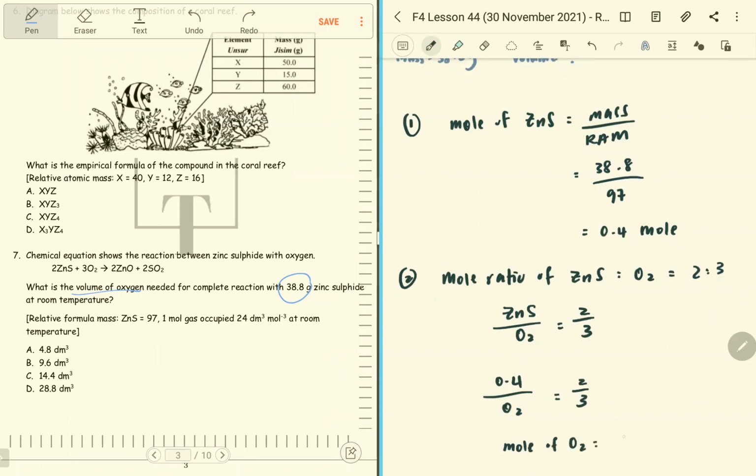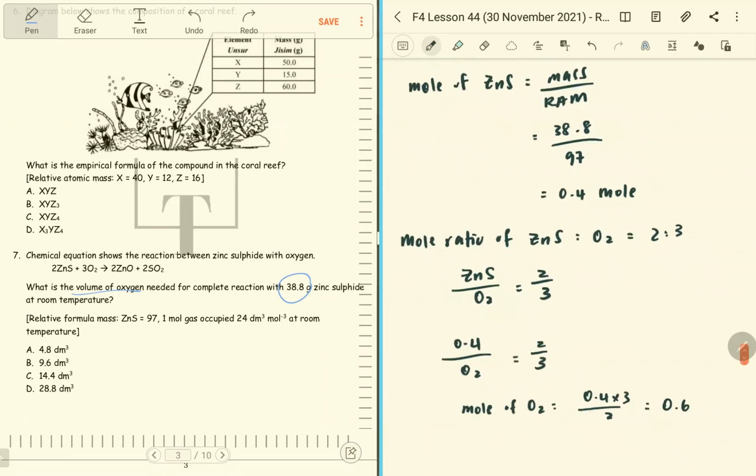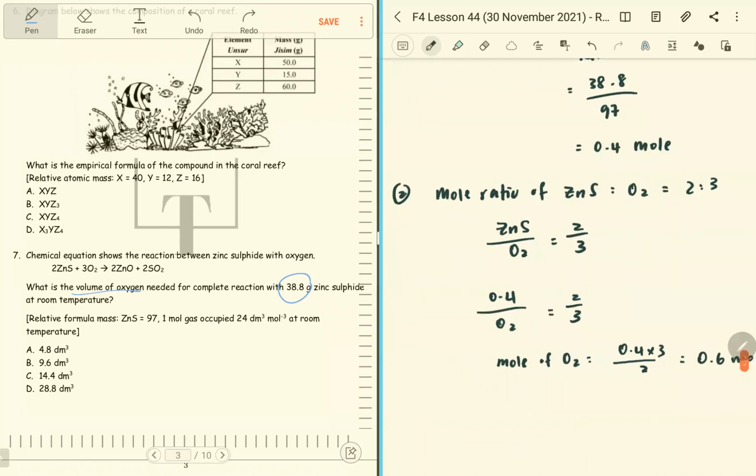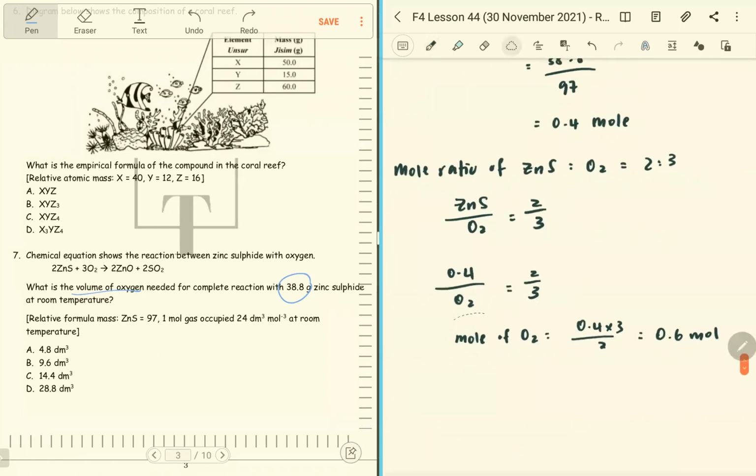So the mole of O2 equals 0.4 times 3 over 2, which equals 0.6 mole. Now I have the mole of my oxygen. Let me just put this slightly to the left.